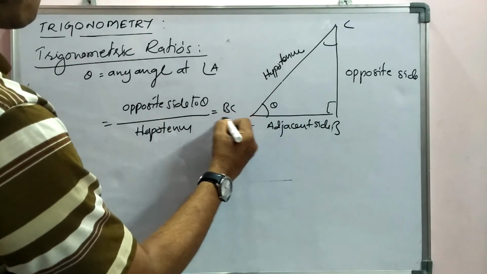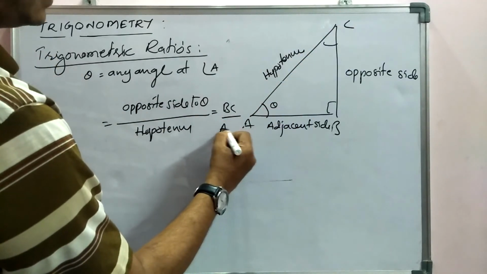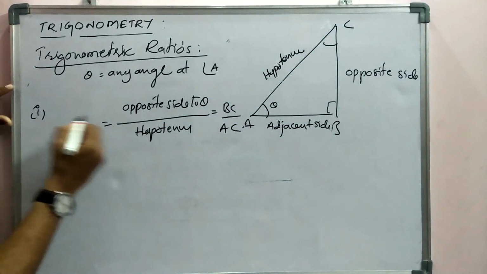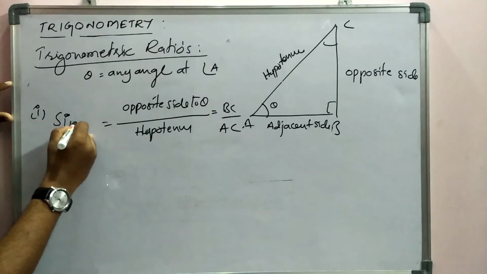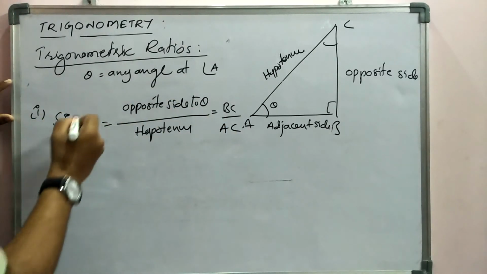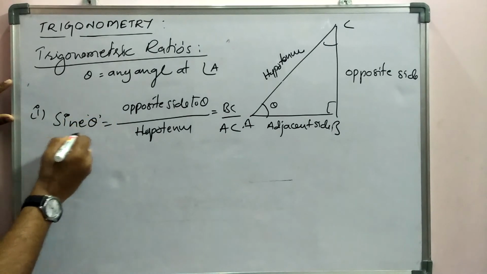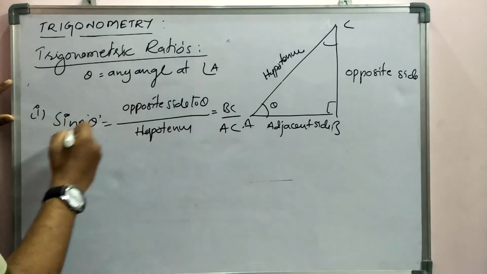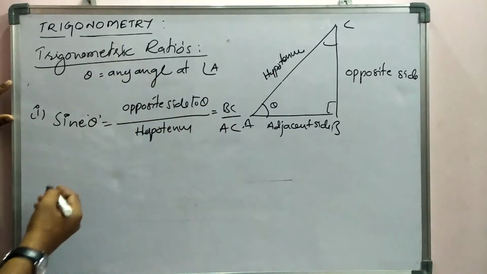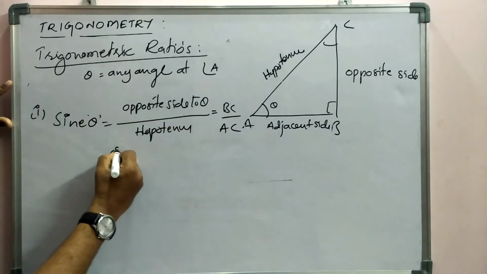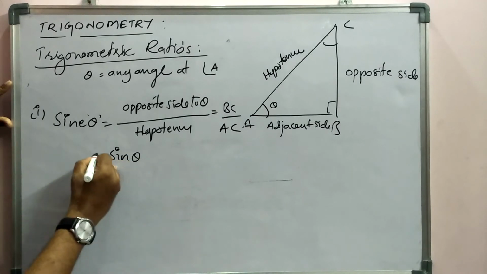BC, by hypotenuse AC. This ratio is given the name sine theta. Here sine of theta means opposite side to theta by hypotenuse. In short form we write sin theta.